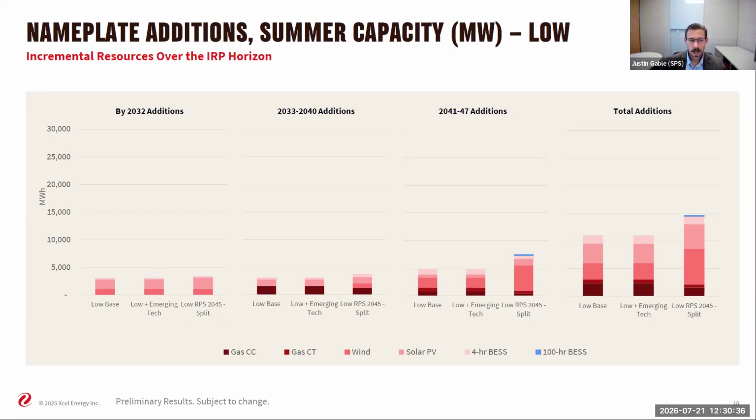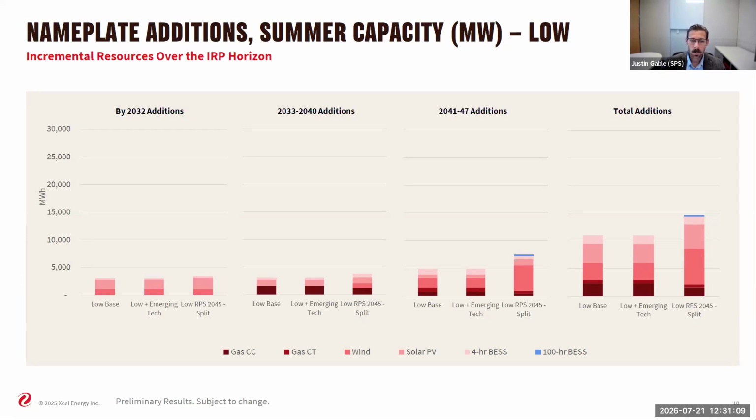The low forecast represents a base resource build out with what we call our low forecast of future load growth. To the right, we have a low emerging tech scenario. So in the low base, we have not allowed emerging tech. In the middle one, low emerging tech, we do allow emerging tech. We consider those things like long duration storage, nuclear, hydrogen, things like that.